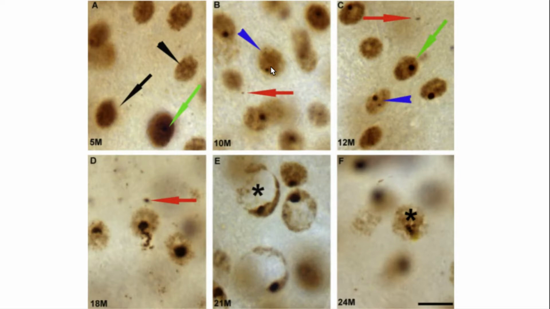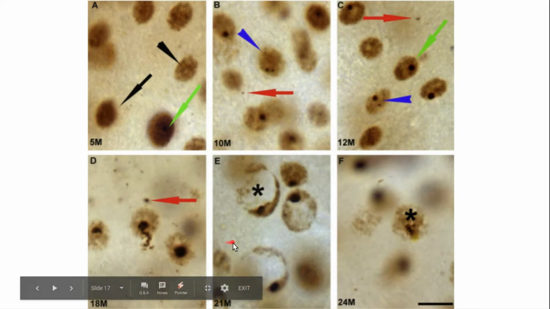These aggregates simply grow in size from 12 months to 15 months to 21 months. The nucleus begins to disfigure around 21 to 24 months. We see the shape of the nucleus beginning to look a little bit strange.